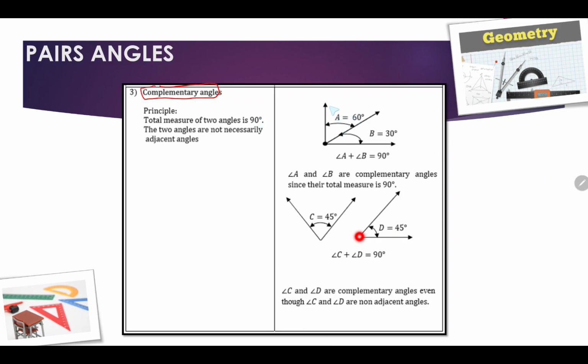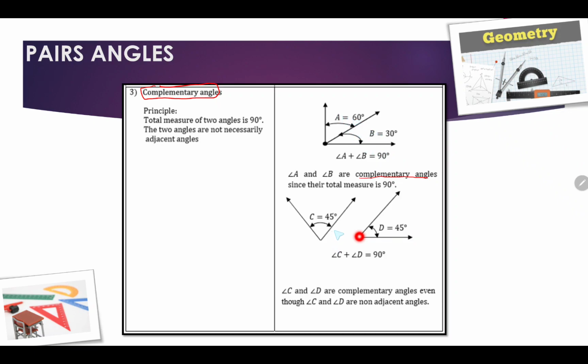Let's say here, these are adjacent angles because they share the same side and the same vertex. And at the same time, angle A and angle B are also complementary angles because the total measure is 90 degrees.